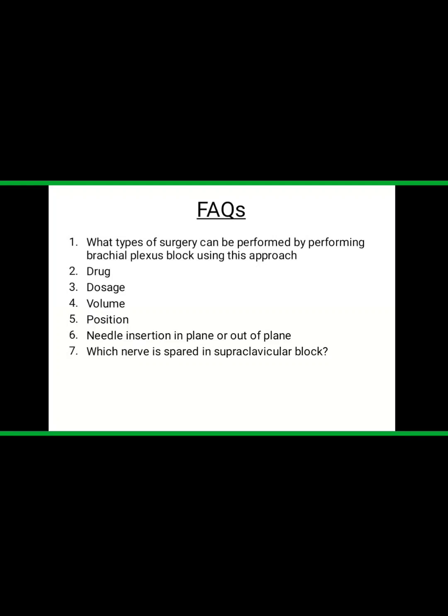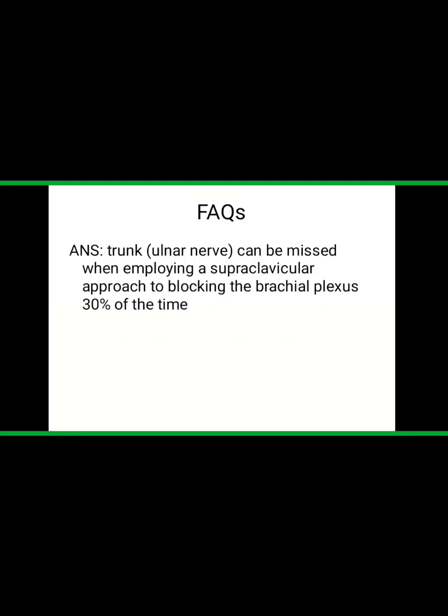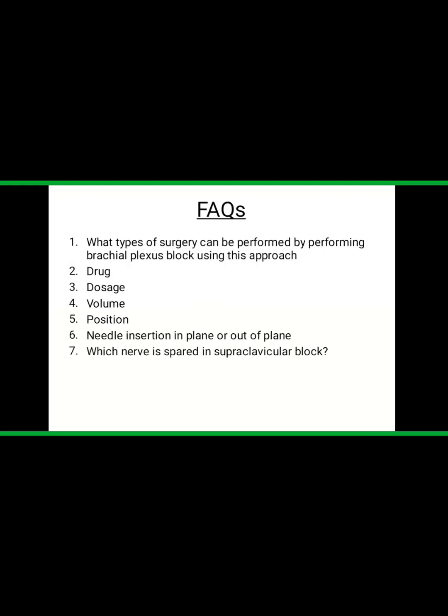So in live demonstration of the sonoanatomy, we will be catching these nerve roots at interscalene spot, and we will follow them caudally up till supraclavicular fossa, where they will be forming the upper trunk. And the major landmarks are the clavicle and subclavian artery, the probe parallel to the clavicle.